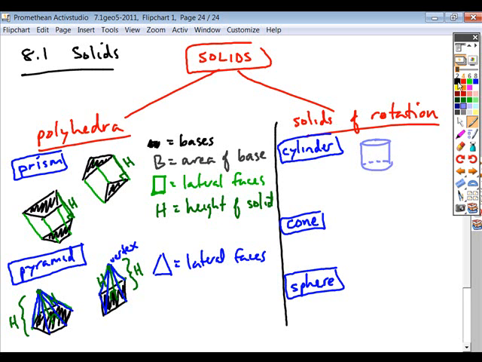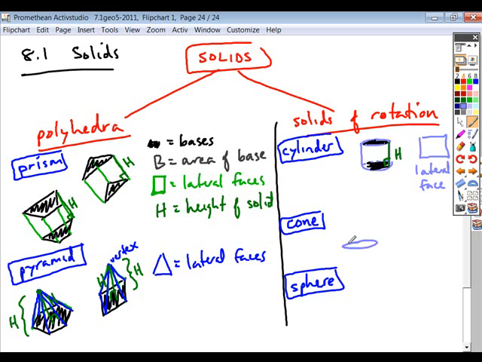So that's still represented by this black shaded region. The only difference is in a cylinder, your base is always a circle. The lateral face of this is an unrolled rectangle. And then finally, the height of this solid is the same as it was. The perpendicular distance between the bases is your height.